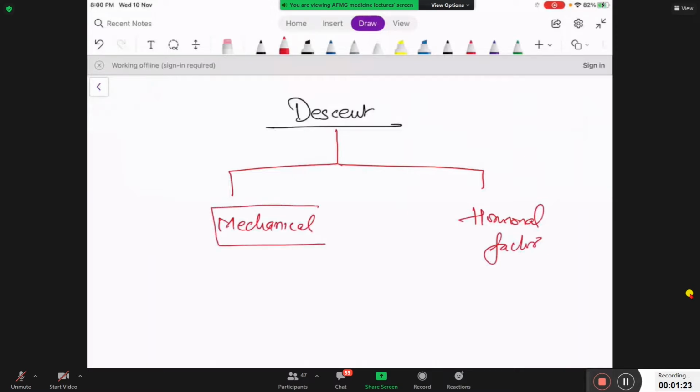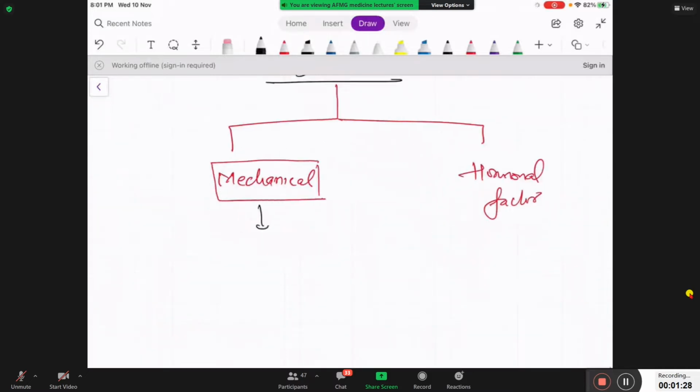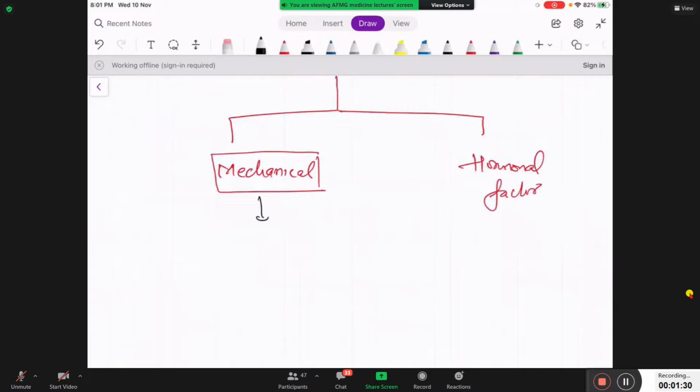In mechanical factor, important point to notice, the most important mechanical factor for descent of testes is gubernaculum.